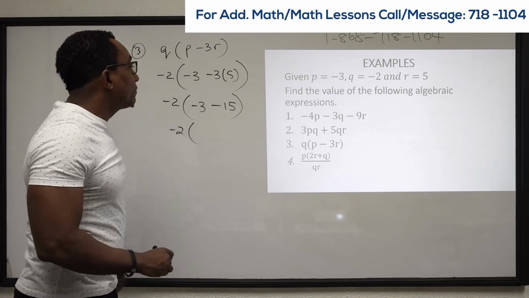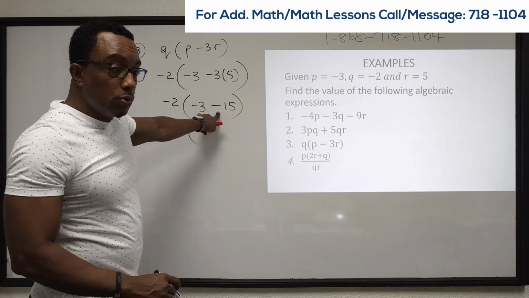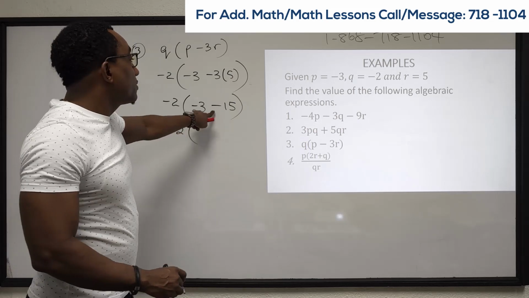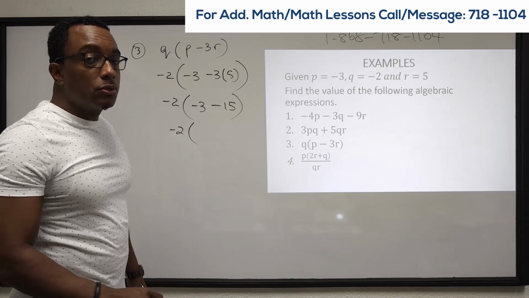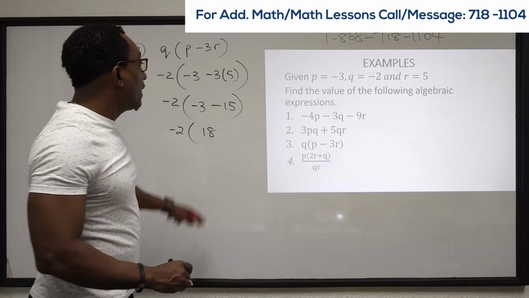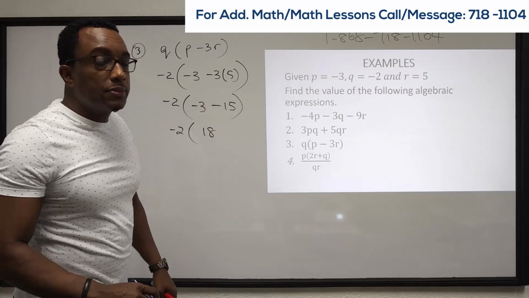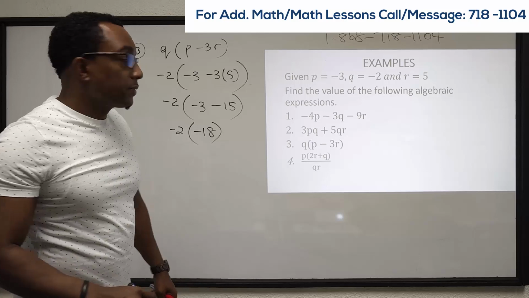And if I have to work out negative 3, subtract 15, I know from my rules of addition and subtraction, when the signs are the same, we're going to add the two natural numbers. So 3 plus 15 is 18. And the common sign, which is the two negative signs, will control my 18. And of course, I close my brackets.